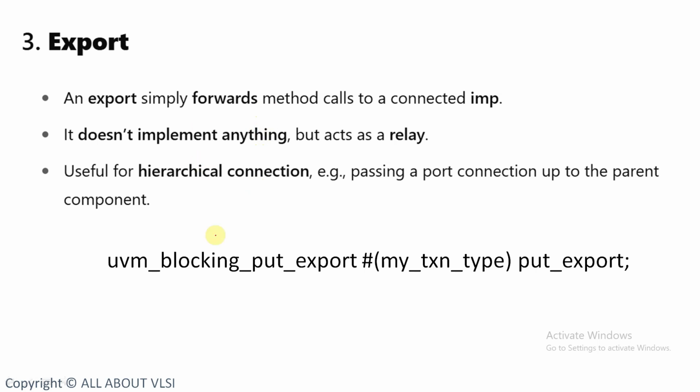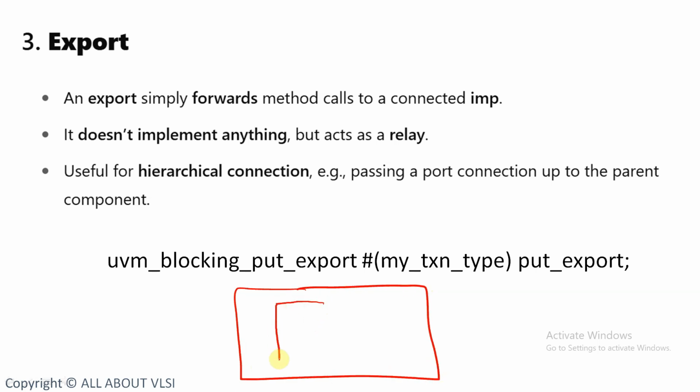Let's say we have a component like this, and inside this we have one more subclass, and inside this we have one more subclass. Let's say this has a port, and we have another class like this, and here we have an implementation port.